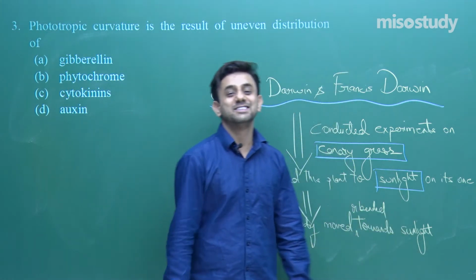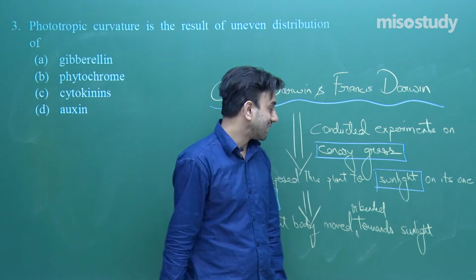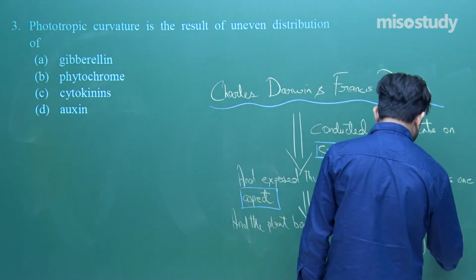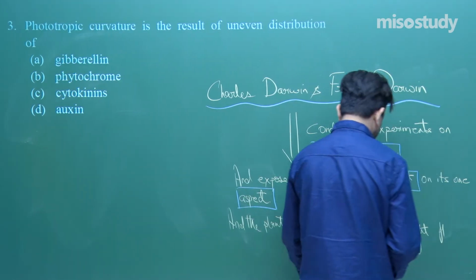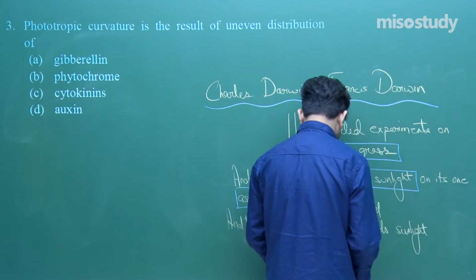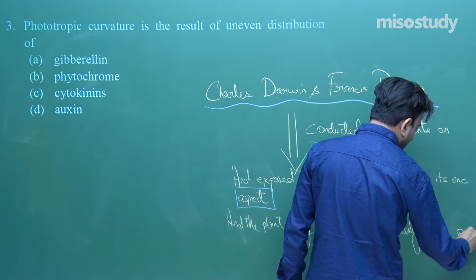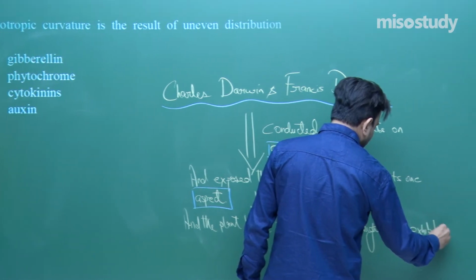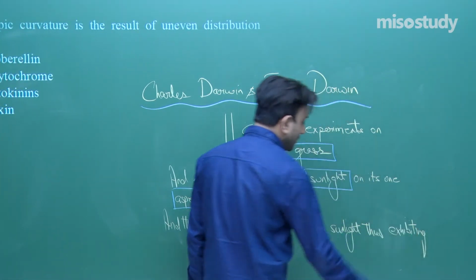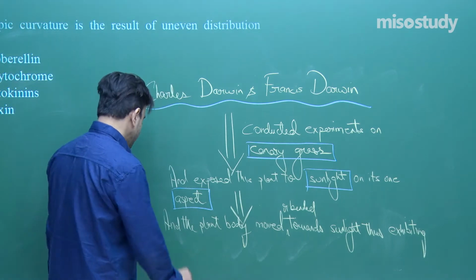This is one of the gestures, when the plant bends towards sunlight, thus exhibiting the phototropic movement.